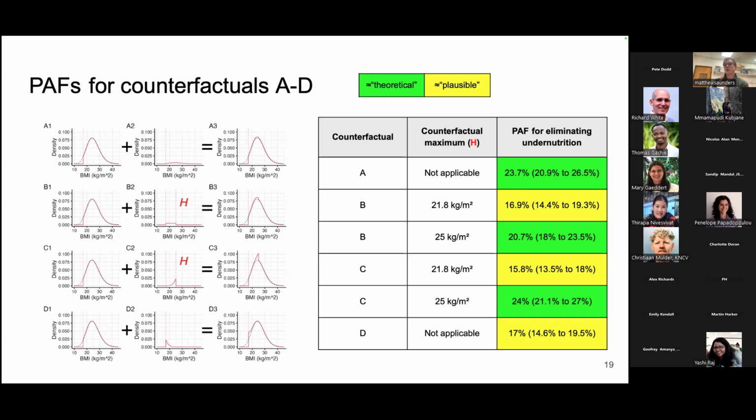And the theoretical ones, which are the more extreme intervention scenarios, are all above 20%, and the plausible ones, which represent more modest interventions, more modest changes in population BMI status, are all between 16 and 17%.